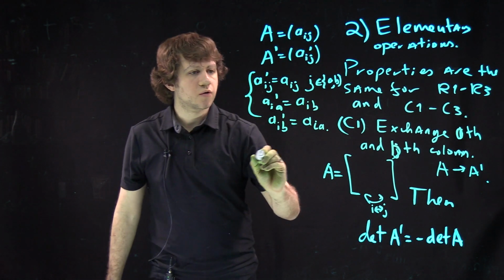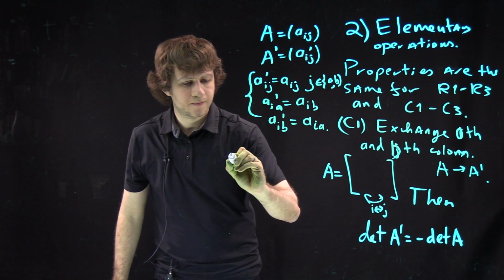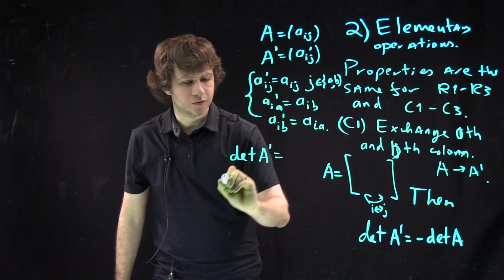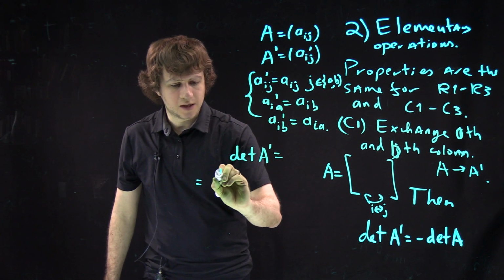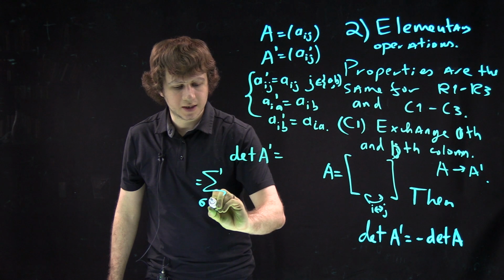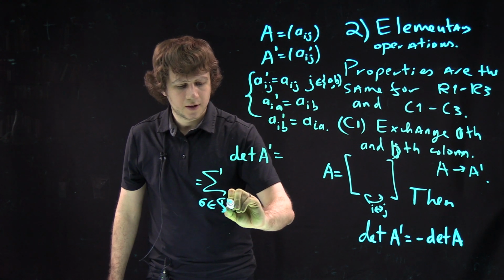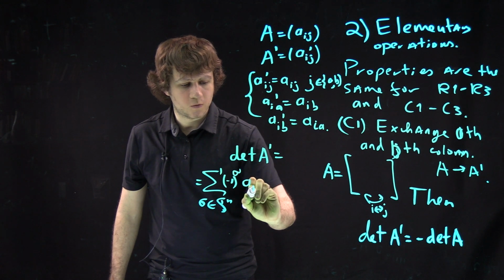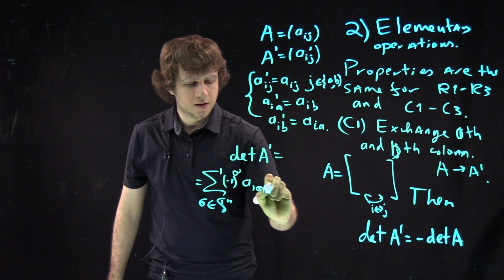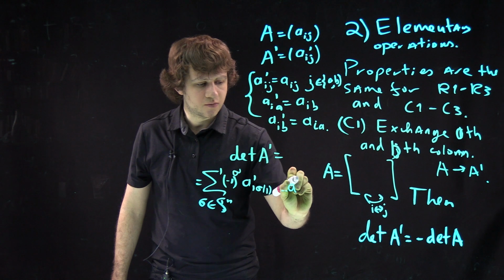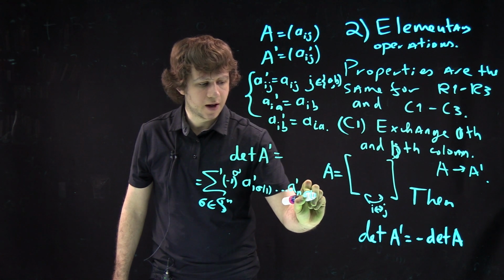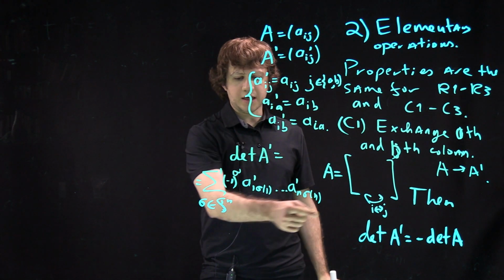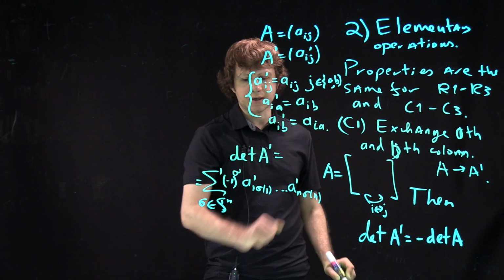So determinant of A prime equals the sum over all sigma in Sn of minus 1 power sigma, A1 sigma of 1 prime up to An sigma of n prime. And then let's analyze what this thing is.